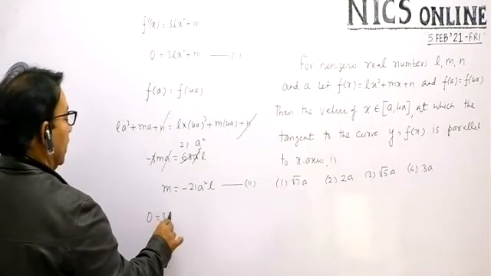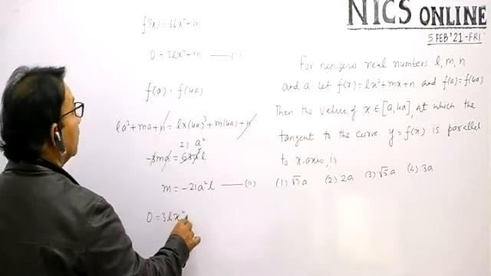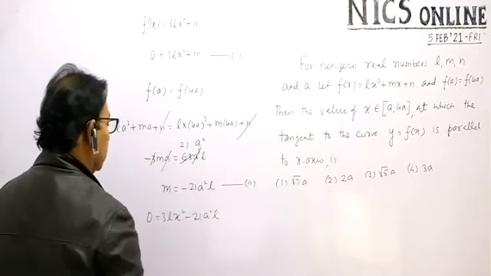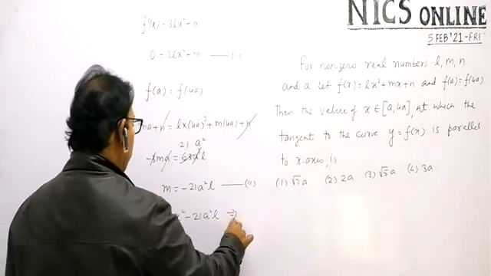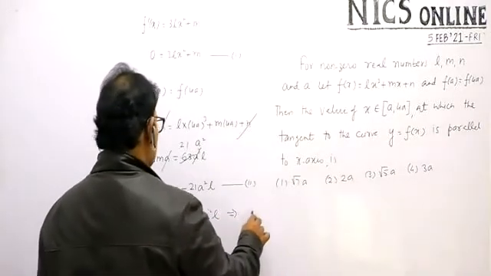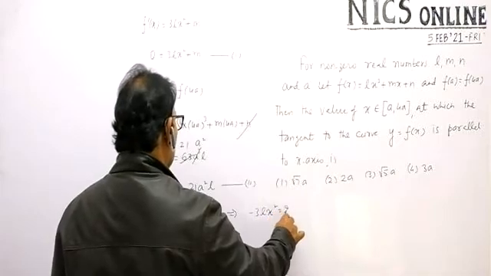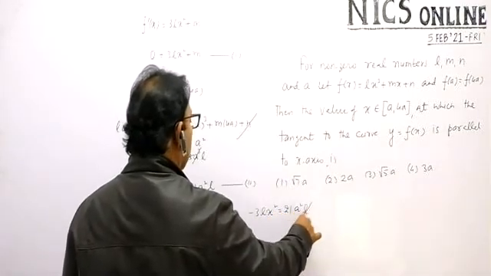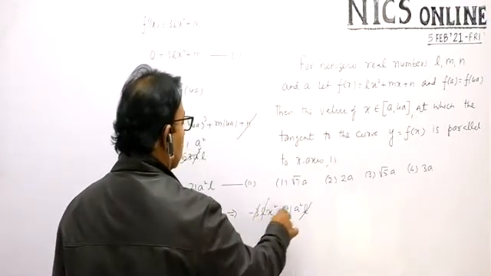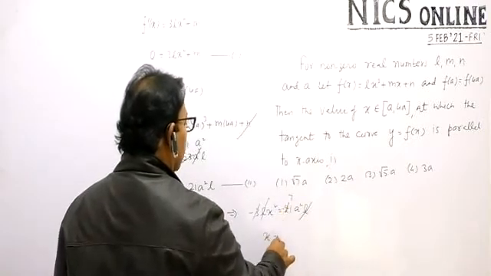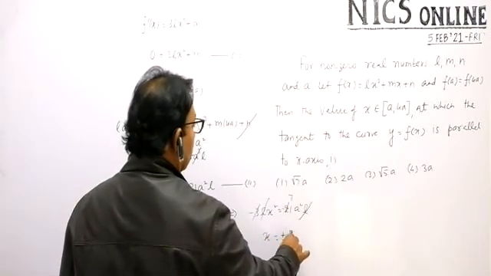This would be 3l x square is minus 21a square l. So now you can solve it for x. This gives you minus 3lx square equals 21a square l. L will cancel out. X would be plus minus root 7.